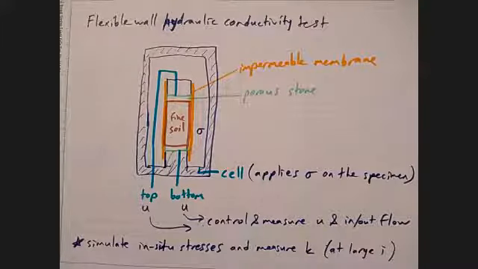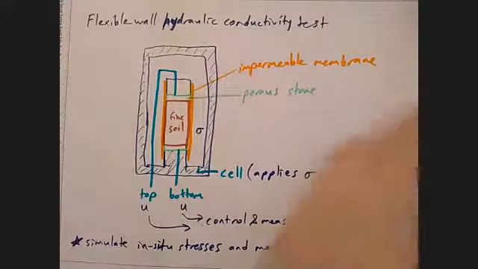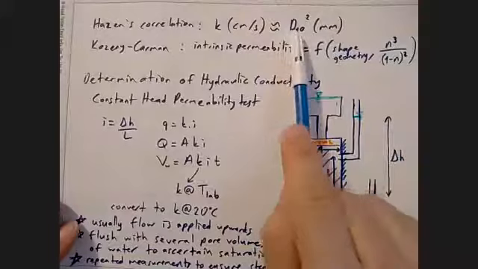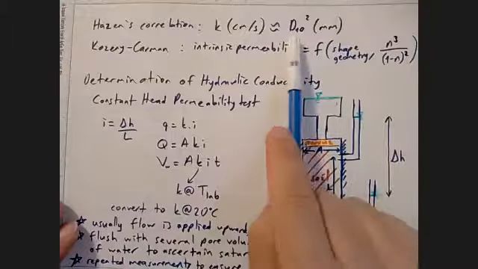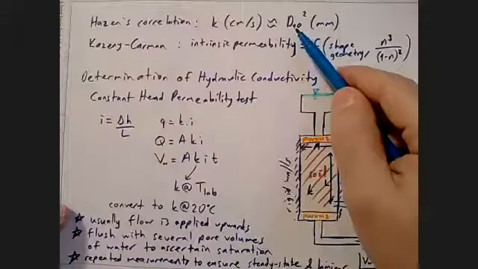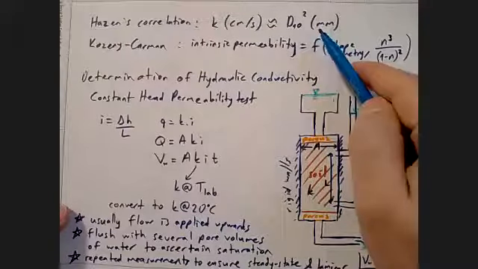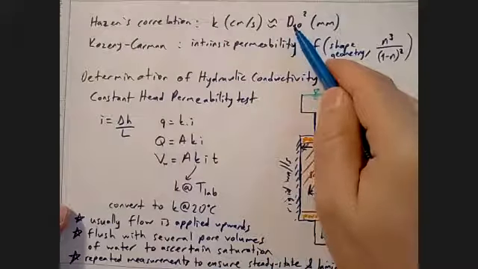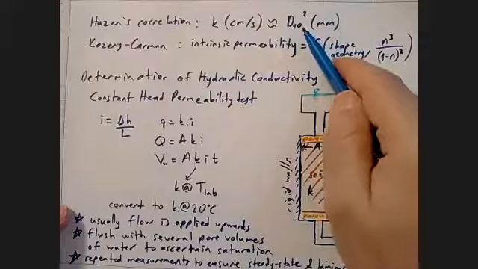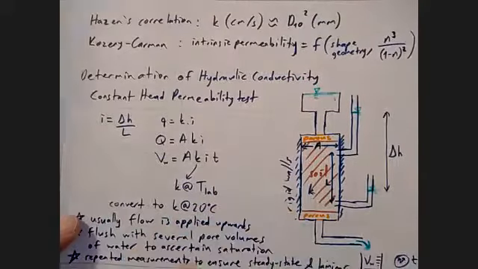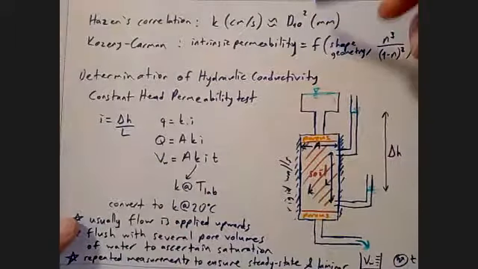But with hydraulic conductivity, first of all, your orders of magnitude can vary greatly. For example, if you consider coarse sand, 1 millimeter, 1 squared is 1 centimeter per second. If you consider clay, like 1 micron, that's 10 to the minus 6. So between sand and clay, there can be a factor of a million in the hydraulic conductivity.